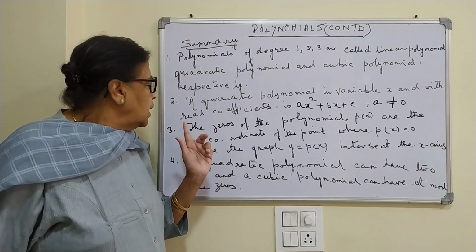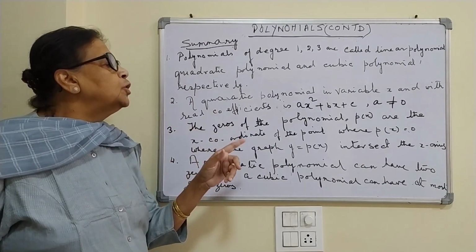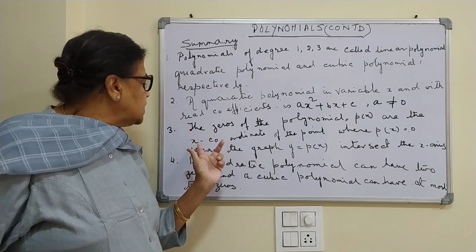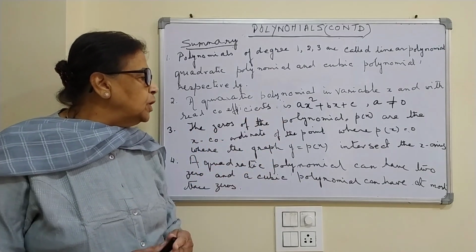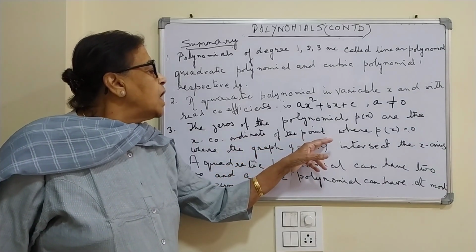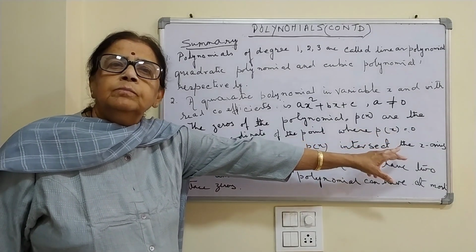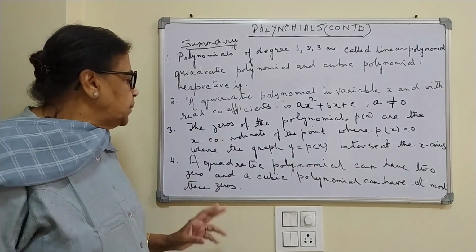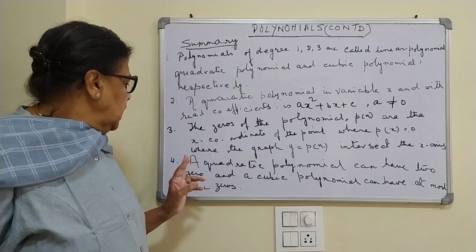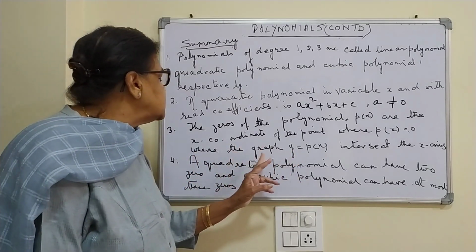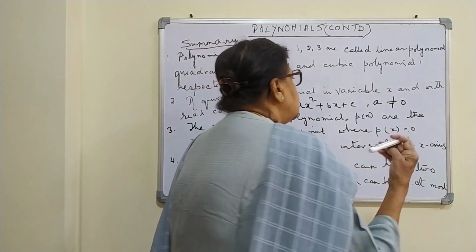The zeros of the polynomial p(x) are the x coordinates of the points where p(x) is equal to 0. We have drawn the graph, that is y is equal to p(x).